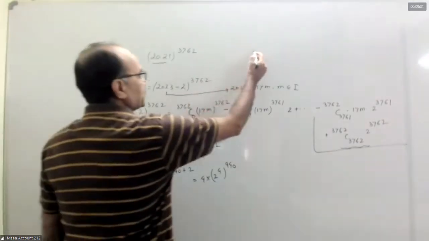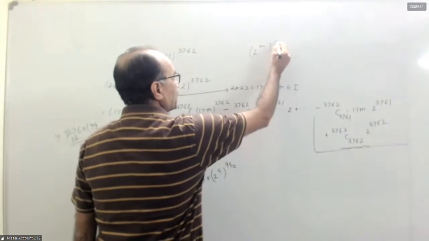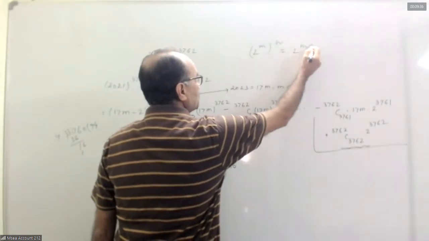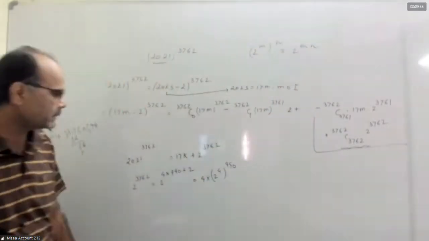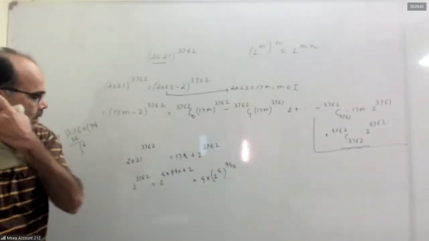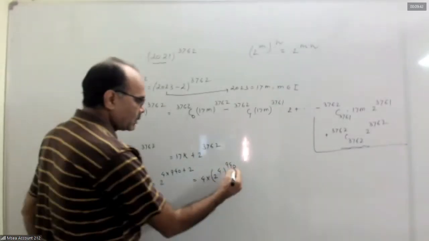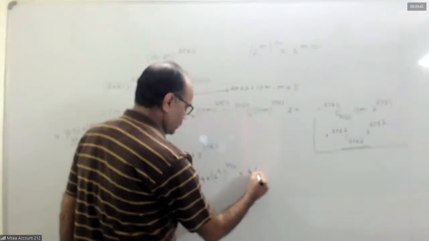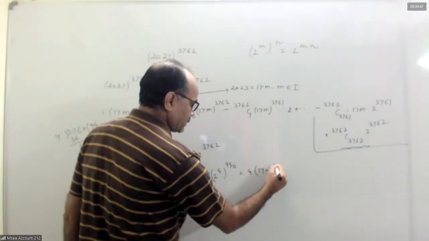See, you already know (2 to the power m) to the power n equals 2 to the power mn. So 2 to the power 4 is 16 now. That equals 4 into (17 minus 1) to the power 940.